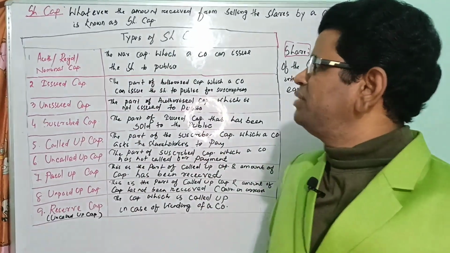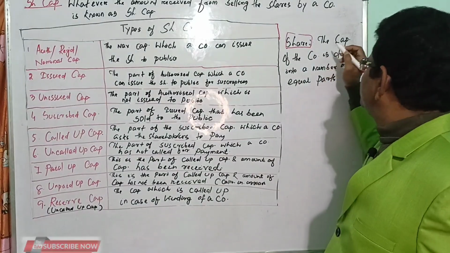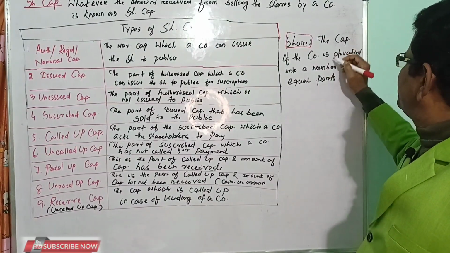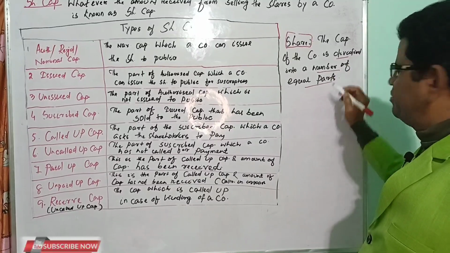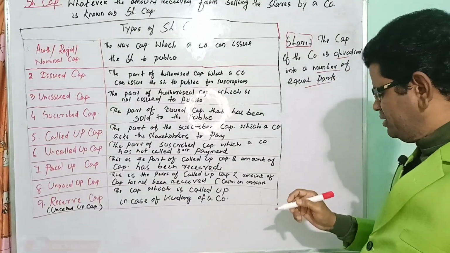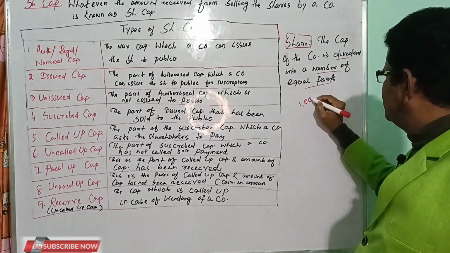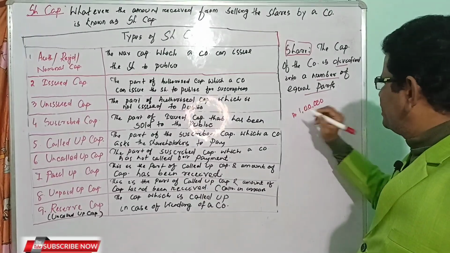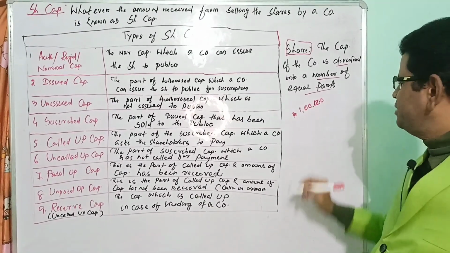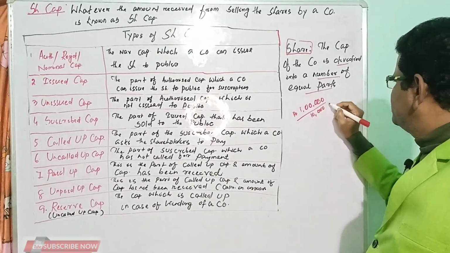And what is the meaning of share? In simple language, the capital of the company is divided into a number of equal parts. For instance, suppose the capital of the company is rupees 1 lakh and it is divided into 10,000 units.